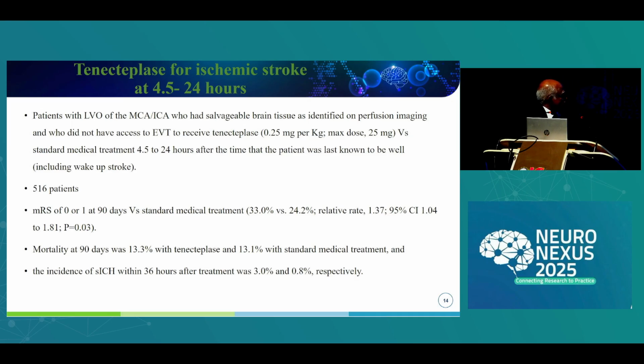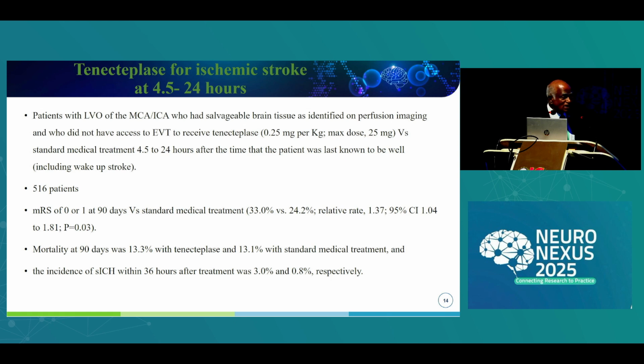Now, in such patients, they have done up to 24 hours provided they have got a salvageable penumbra. That's a point. As one of our last patients showed, the second patient where there was a salvageable penumbra despite being late. They analyzed 516 patients, and the mRS at 90 days was significantly better than with standard medical treatment.